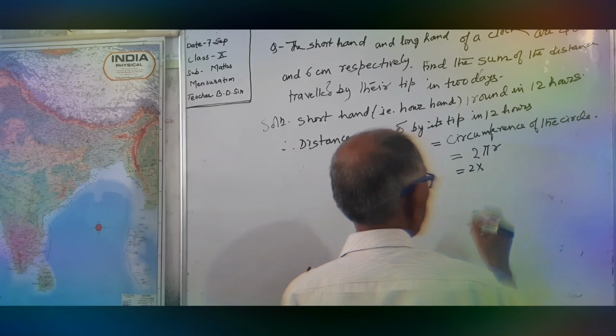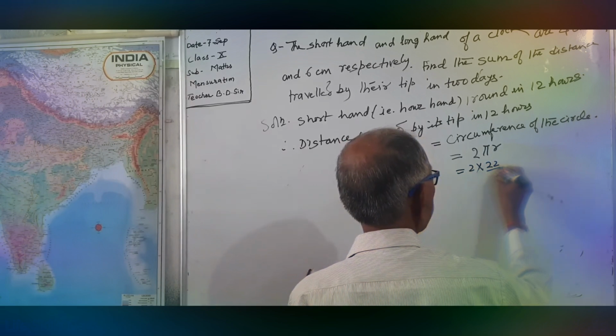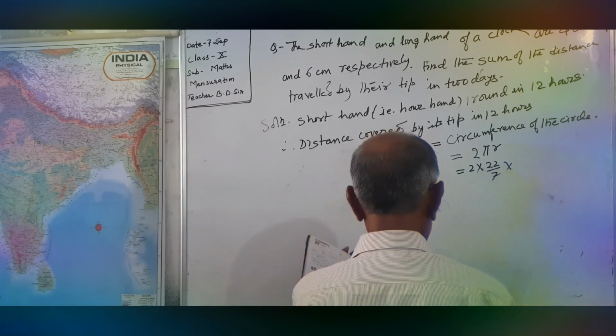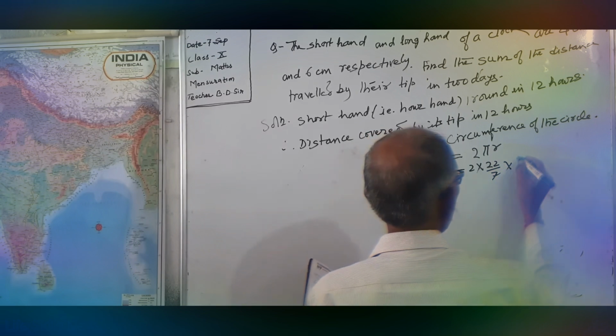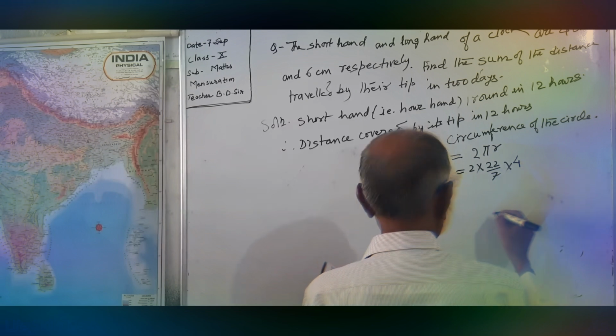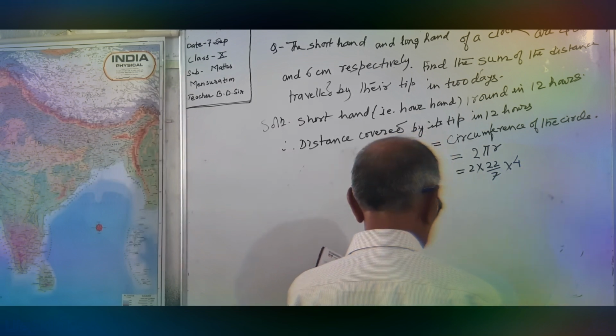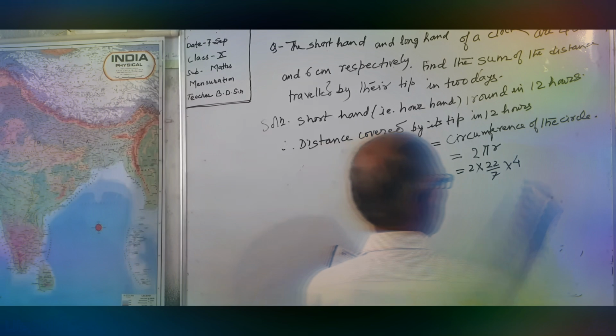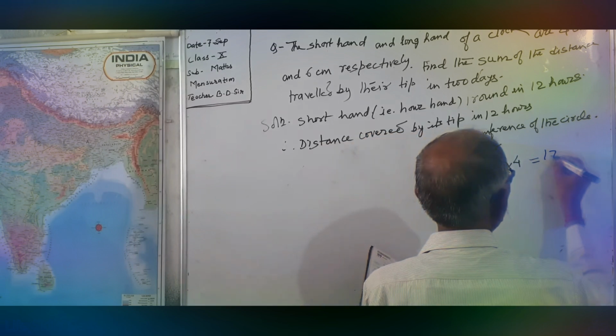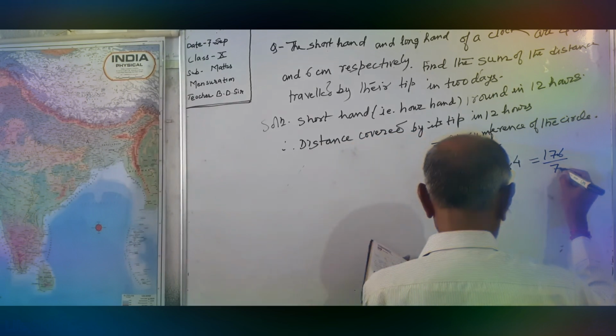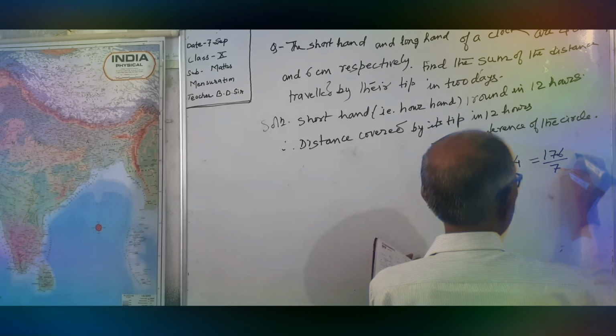Pi has a fixed value 22/7 into r means 4. It will be 176/7 centimeter.